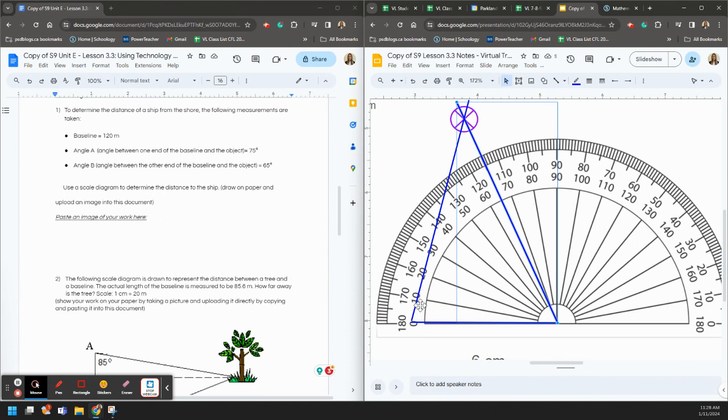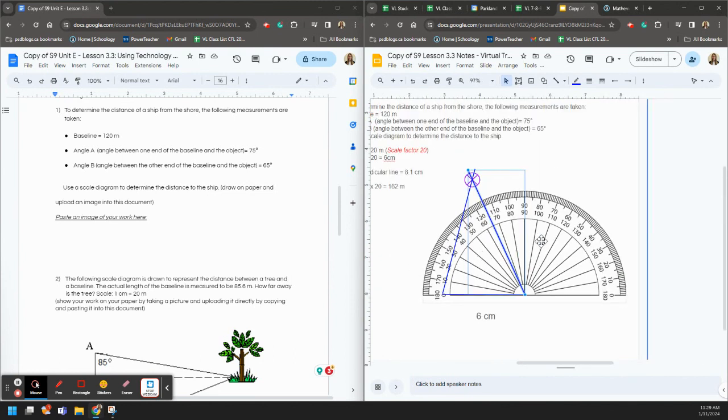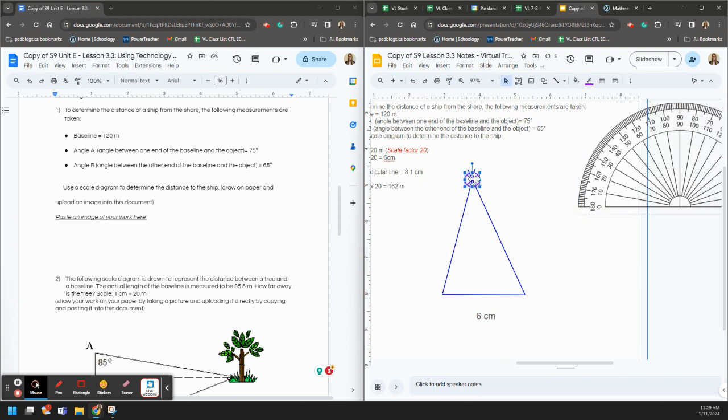You can see on this side here, we are working clockwise now. So we lined up the baseline at the 0-degree mark as there is no angle quite yet. And then we are going to measure up going clockwise up to 60, up 5 more degrees, and here is the 65-degree mark.